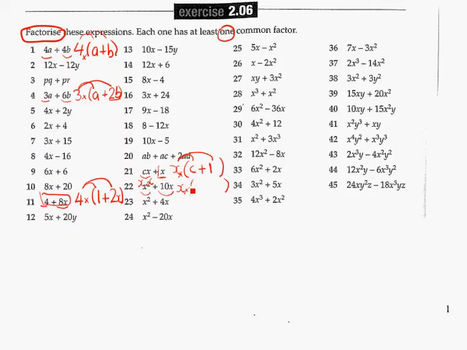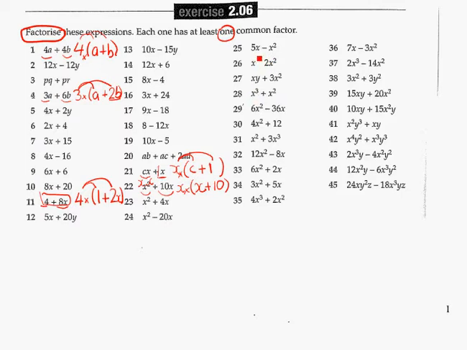And then it's a matter of thinking x times what would give me the x squared, and I know I need an x because x times x will give me x squared, plus x times 10 is going to give me the 10x term. And most of the questions should be straightforward.